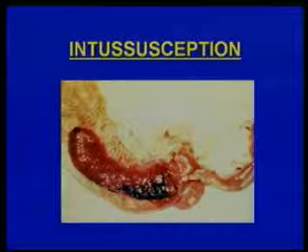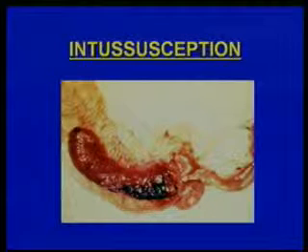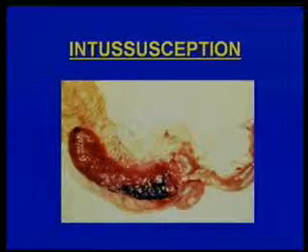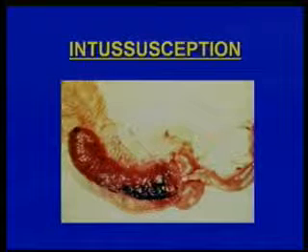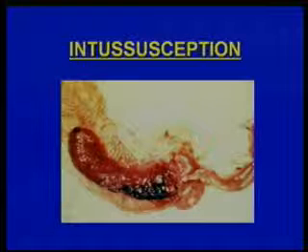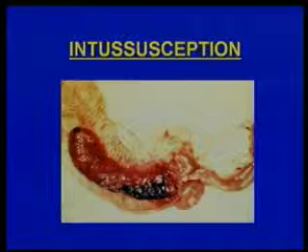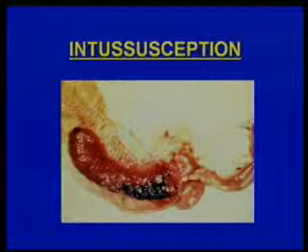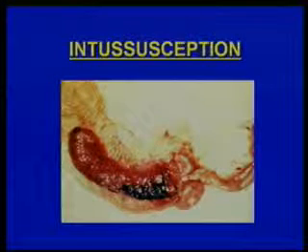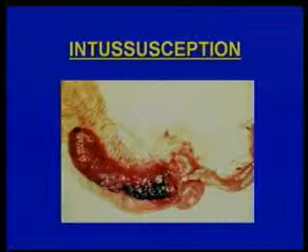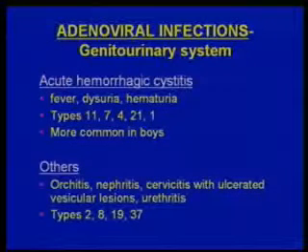And this is a picture over here that shows you the same process that I tried to describe, where this is the proximal gut getting suffocated here, and the distal gut comes and telescopes on it, and you have this intense hemorrhagic kind of disease here. Intussusception is something we'll talk about also, interestingly, with the rotavirus vaccine in the next lecture.